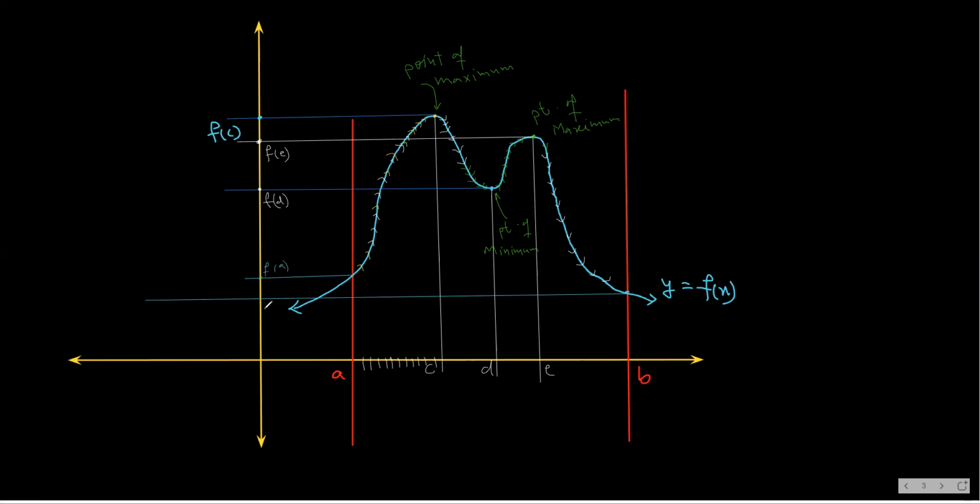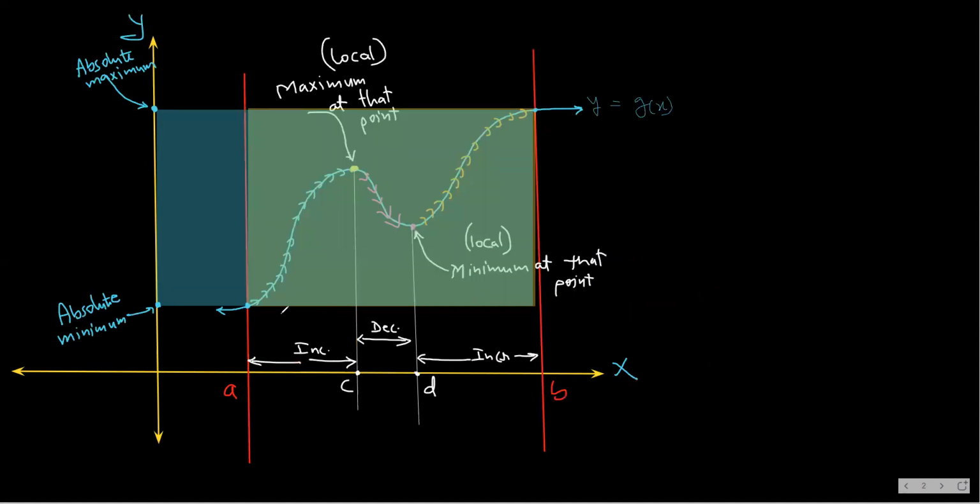This is f of a and f of b. But unlike the earlier example, you can check. See, in the earlier example, f of a was the absolute minimum. You see this? This was f of a. And here this was f of b, which was the absolute maximum.